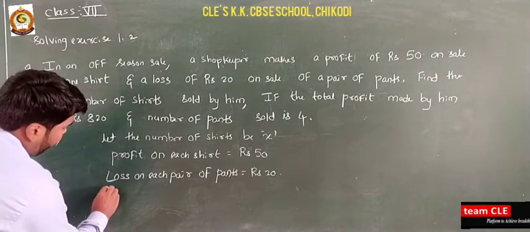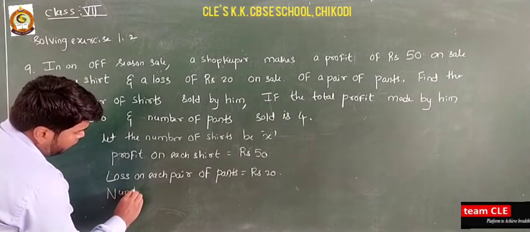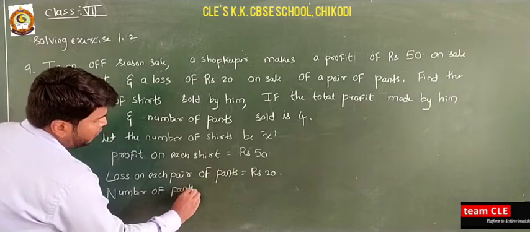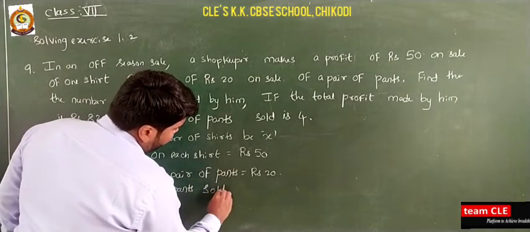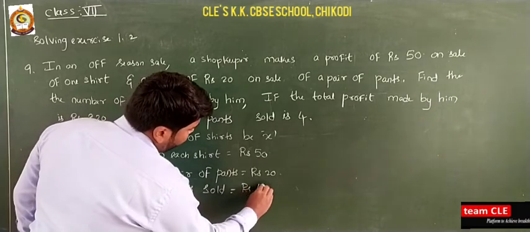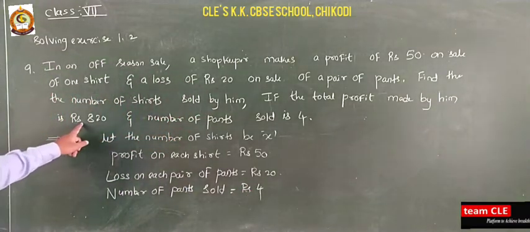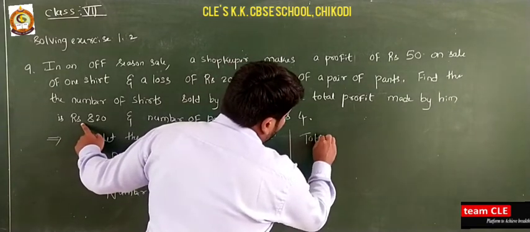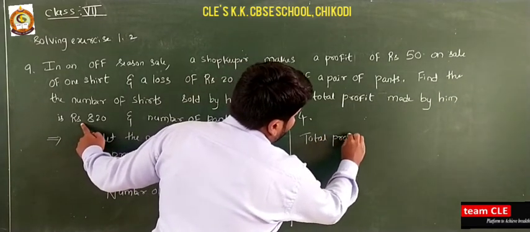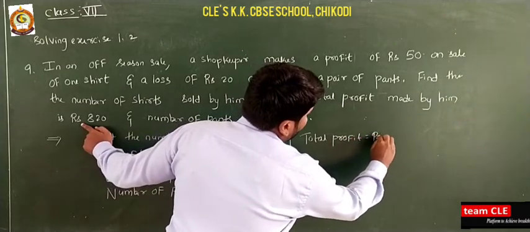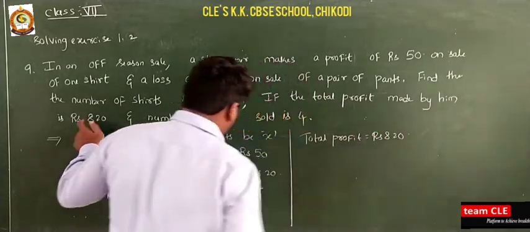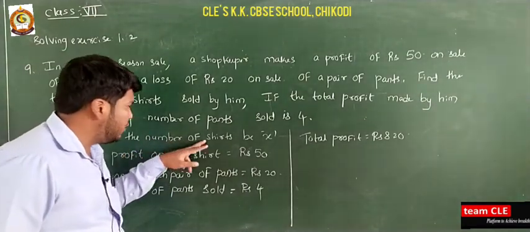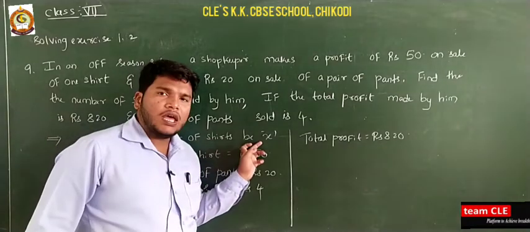The number of pants sold is 4, and also they are given the total profit. Total profit equals rupees 820. So this is the given information in the question. First, we don't know the number of shirts, so let the number of shirts be X.